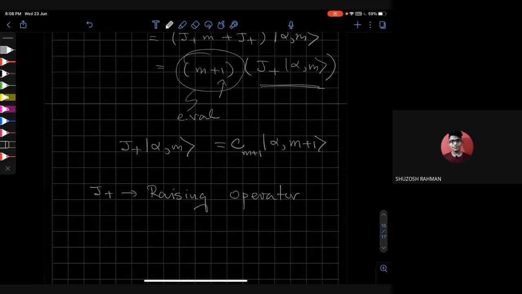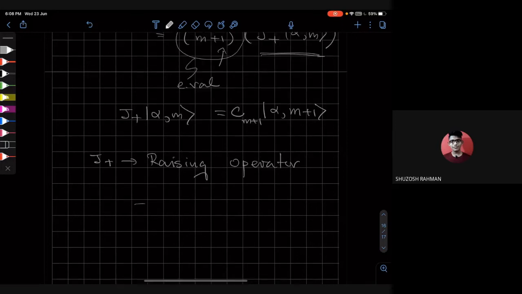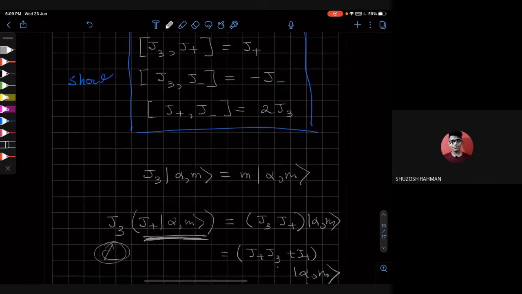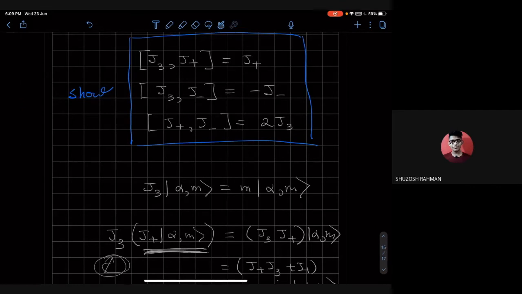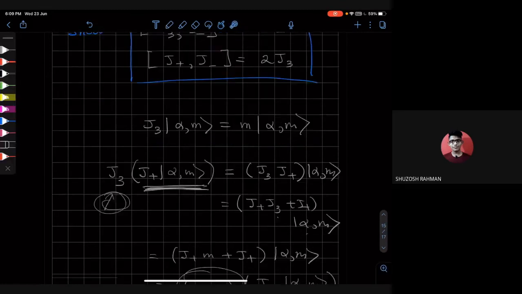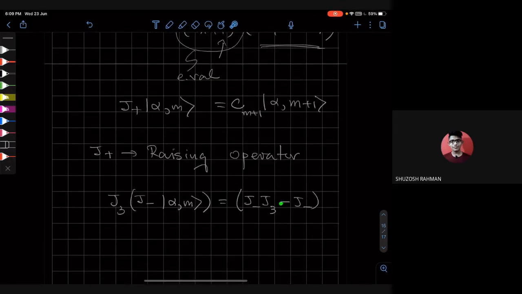Now we can do the same thing with J minus. What happens if J minus acts on alpha M? We can apply J3 on it, and then by the commutation relationship, I will get here J minus J3. And now there's a minus of J minus. Remember, there's a minus sign here, there's a minus sign here, and that's this minus sign.